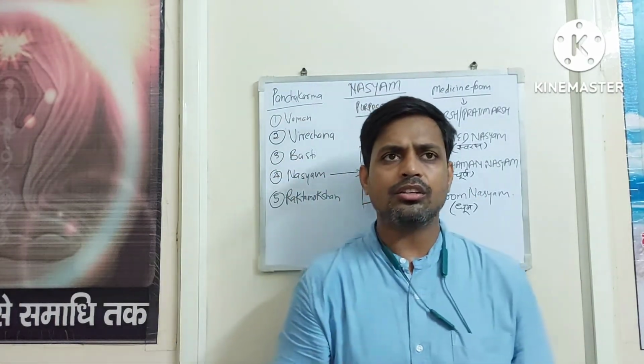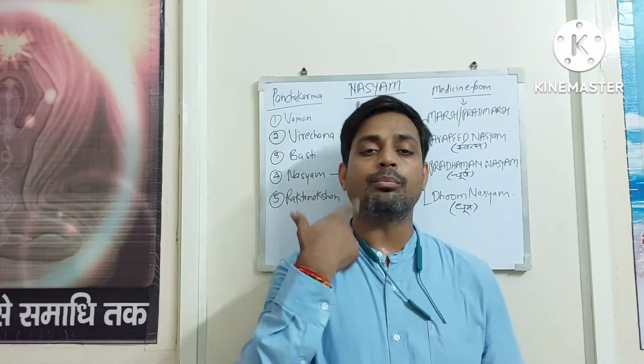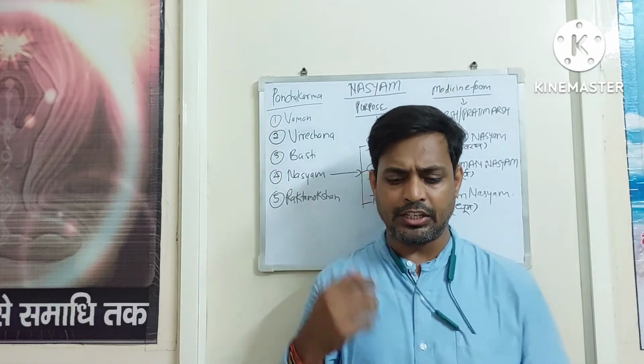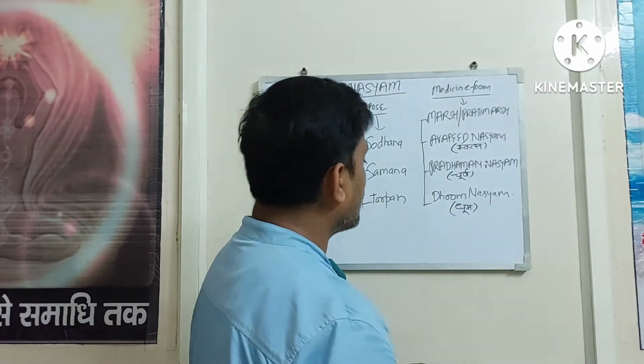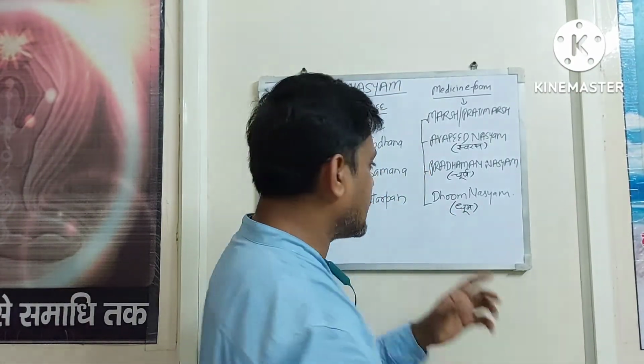Here there are so many drugs, and the powder of those drugs is used for Nasya purpose. There are many drugs which are useful for many different conditions. And the fourth variety of Nasyam is Dhuma Nasyam, inhalation, like smoke inhalation.